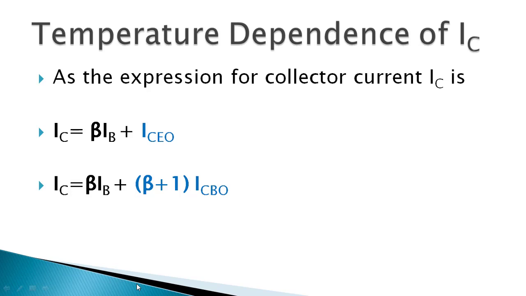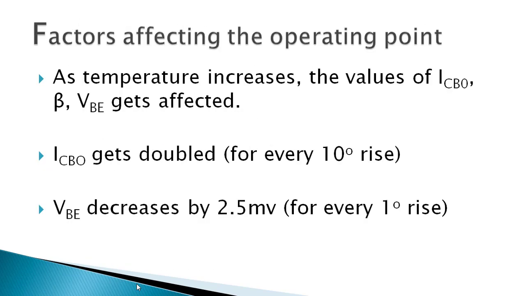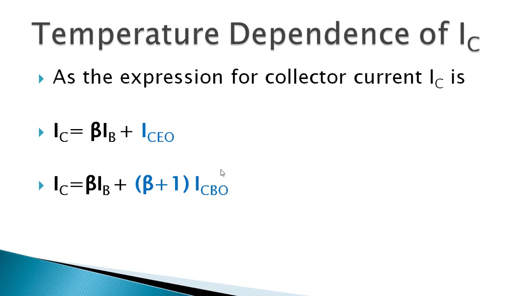We already saw the collector to base leakage current gets doubled for every 10 degree Celsius. So this ICBO gets increased two times for every 10 degree Celsius, and it is multiplied by beta plus 1.